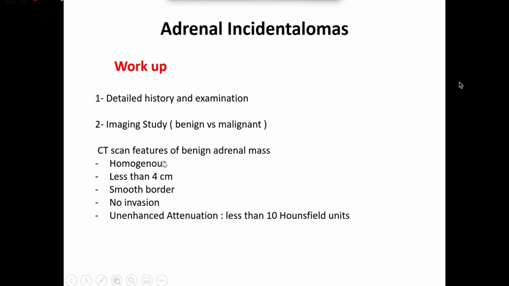So in the CT scan, there are features of benign adrenal mass. If the mass is homogeneous, size less than 4 centimeters, the borders are smooth, and there is no invasion, and the attenuation is less than 10 Hounsfield, that goes with the benign adrenal mass.